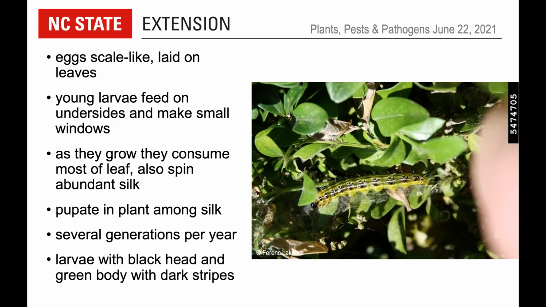I've found caterpillars, very dark, small caterpillars, feeding on dead leaves and webbing up and creating frass in the middle of a boxwood, but they only eat the dead leaves that fall out of the plant, and you won't see any damage to the green leaves, like I'll show you in a second.